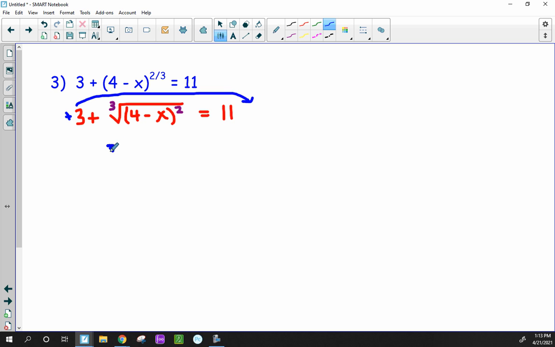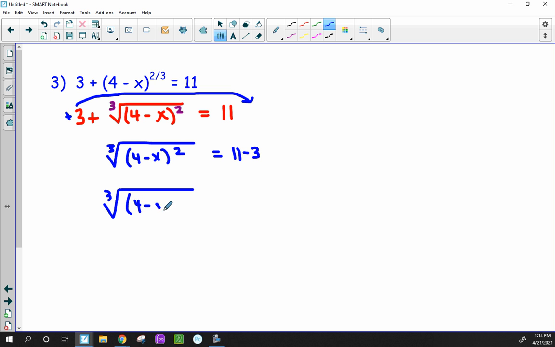We'll drop down the cube root of quantity 4 minus x squared is equal to 11 minus 3. Okay, next I'm going to drop this down again. And that's going to give me 8.